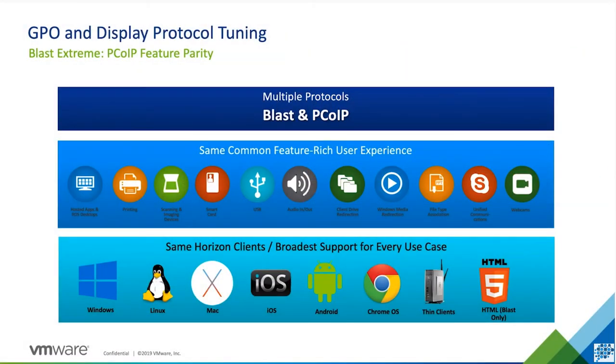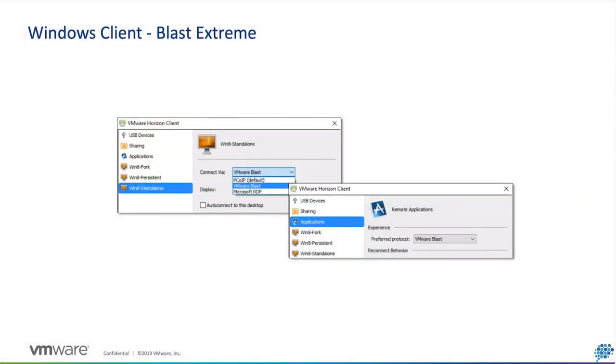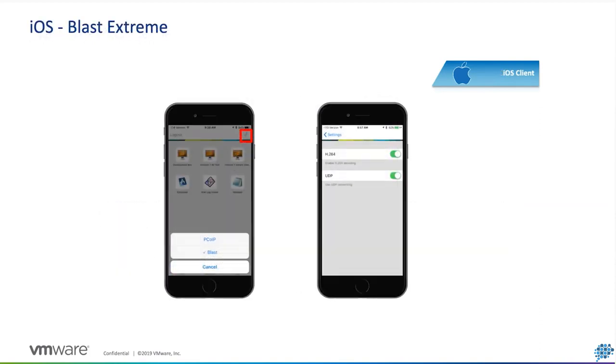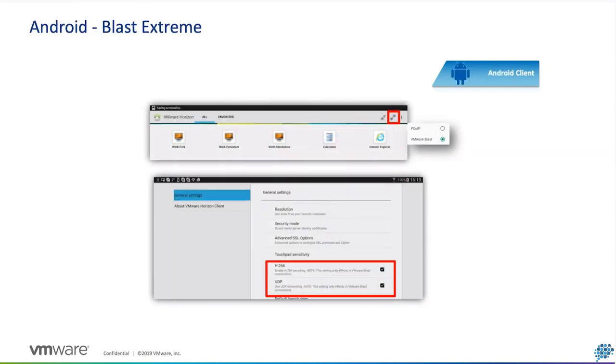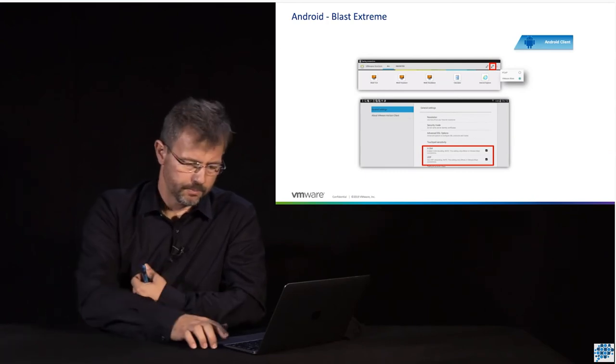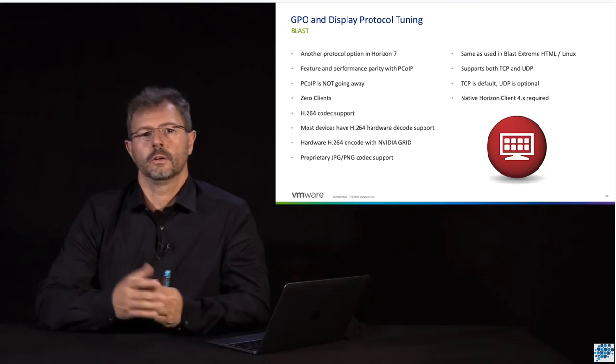As you can see on the slide, nearly all client devices which we find on the market are supported. We have a Windows client for BLAST Extreme. Of course, we also have macOS support, and support for mobile operating systems like iOS and Android. So we have feature parity with PCoIP and broad client support with hardware acceleration and longer battery life.